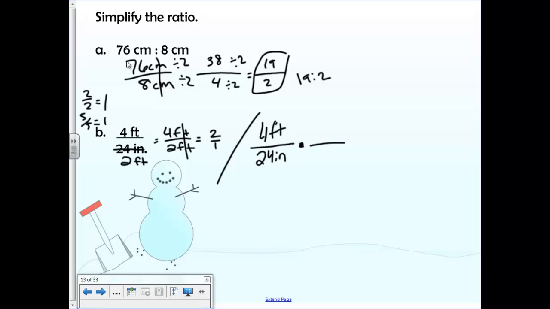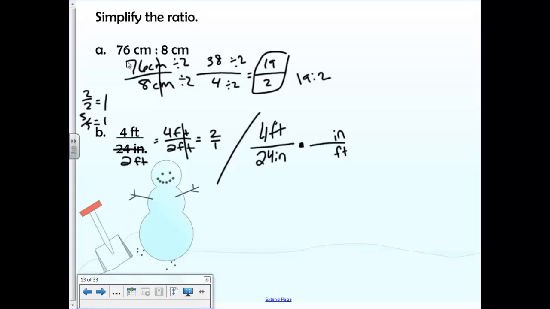We said if we have feet in the top and feet in the bottom, they cancel. So if I have feet in the top, I'm going to put feet in the bottom here, and those are going to cancel for me. And if I have inches in the bottom, I'm going to put inches in the top. I'm going to flip these units here. So inches in bottom, inches in top, they're going to cancel.